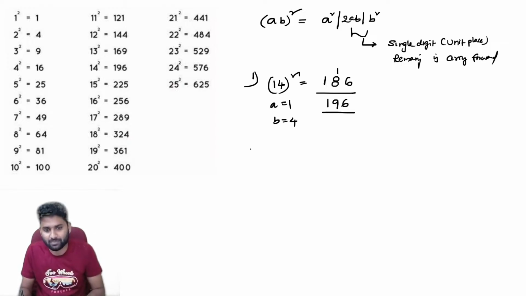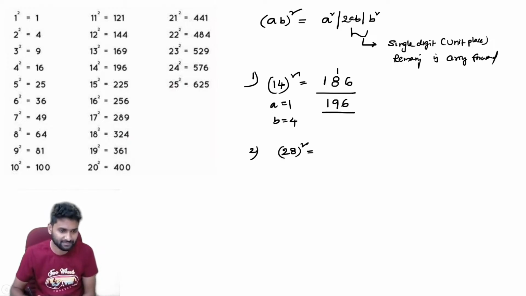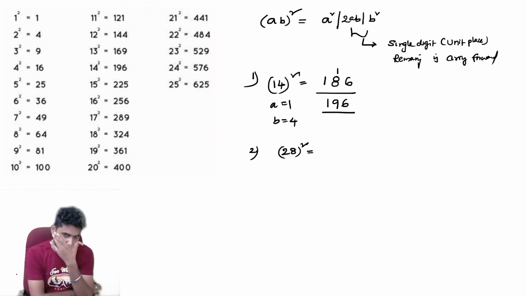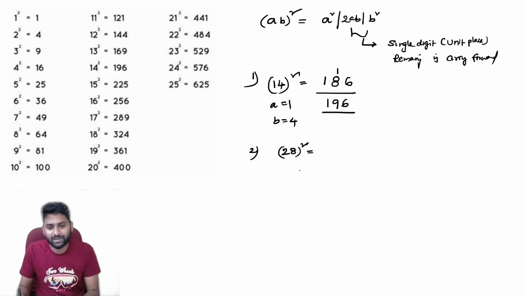Let's take one more example. Can anyone tell me what is the square of 28? 28 square is equal to how much? So in this calculation, a is equal to 2, b is equal to 8.